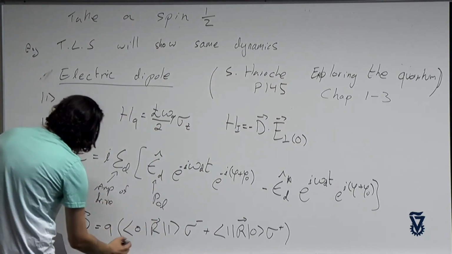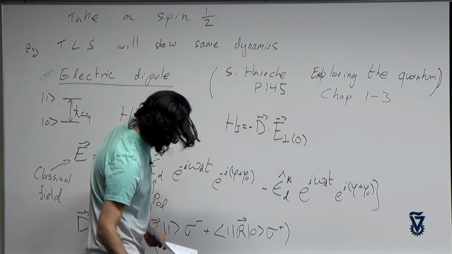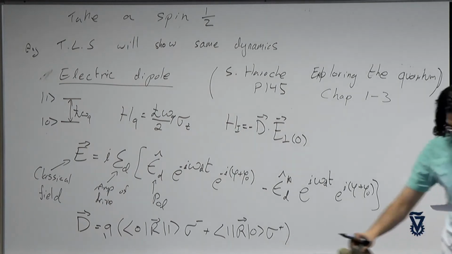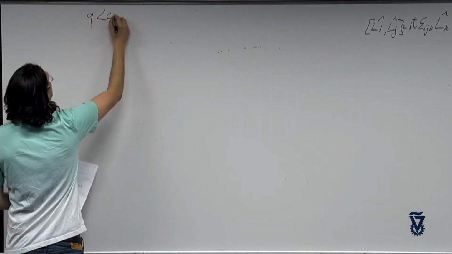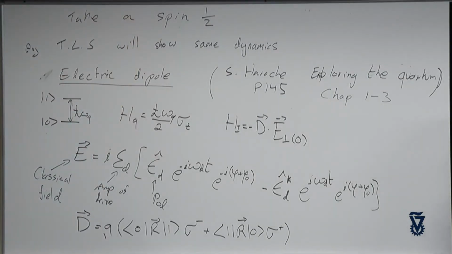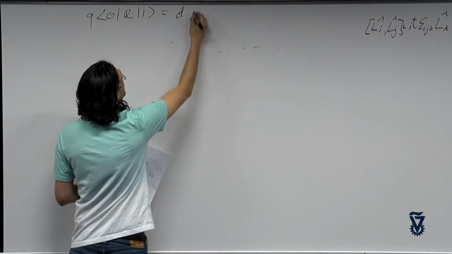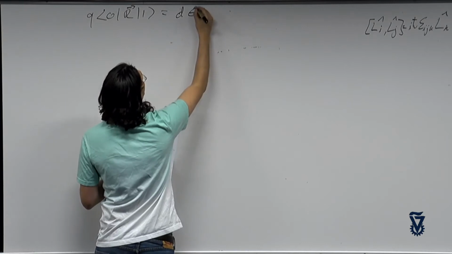And if you calculate this, maybe I'll write it on a different board, I don't know if you can see. So if you calculate Q 0 R 1, you will get some number which we will call D in some direction, basically in the dipole direction.